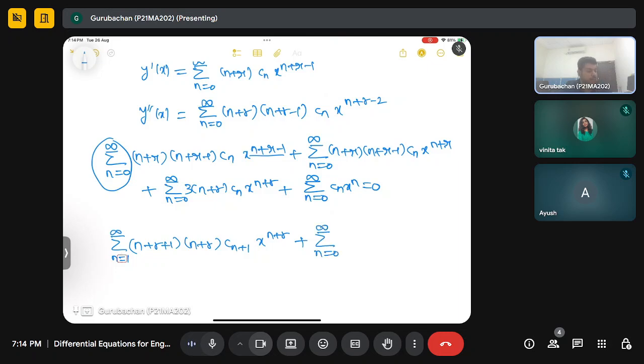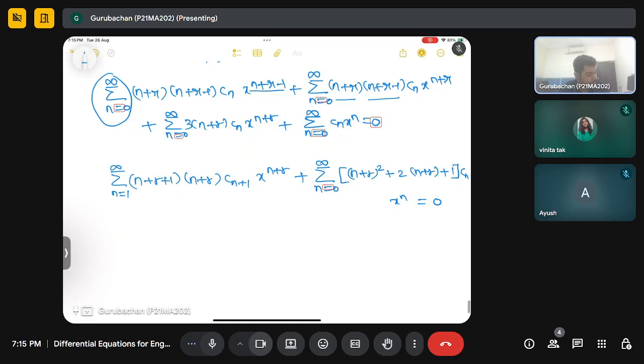If you combine these terms, this is n plus r, this is n plus r minus 1, so this will give you n plus r whole square minus n plus r, and this is 2 times n plus r plus 1, cn x to the power n equal to 0.